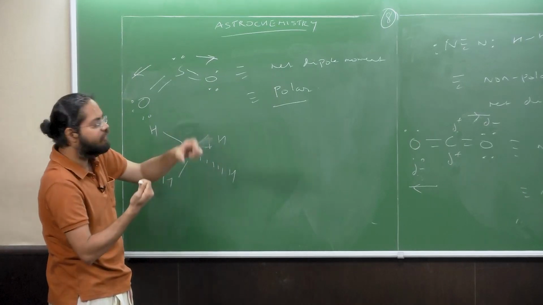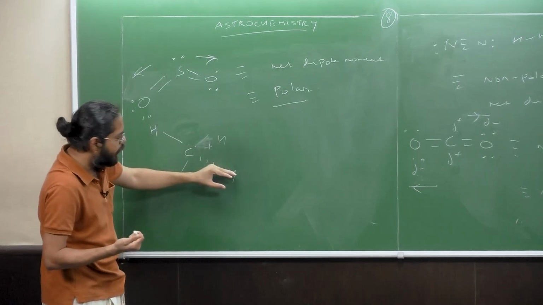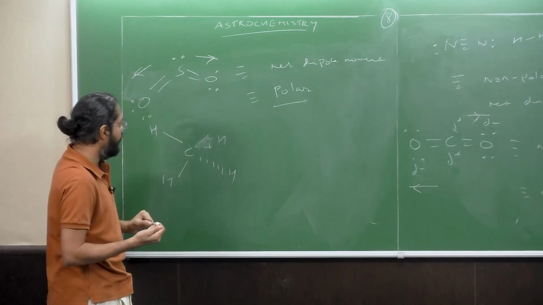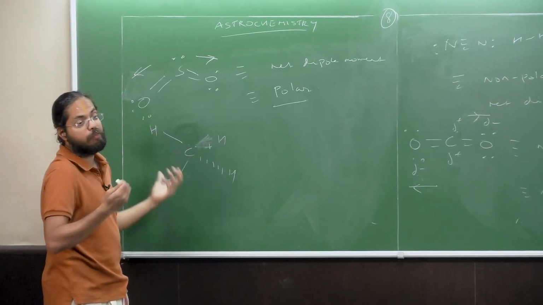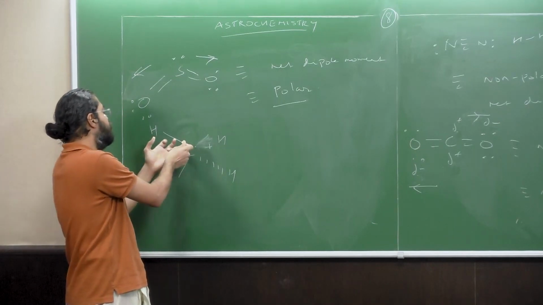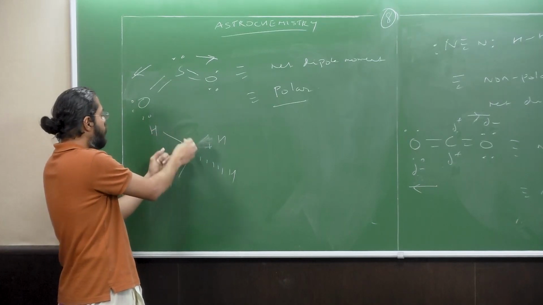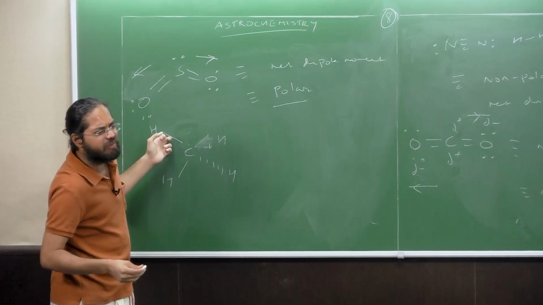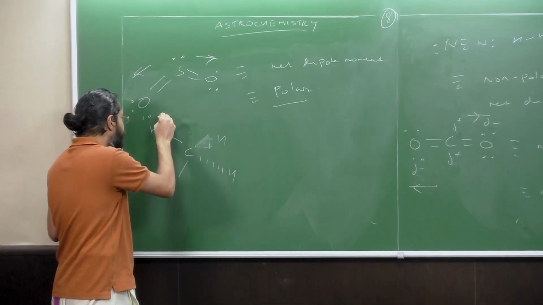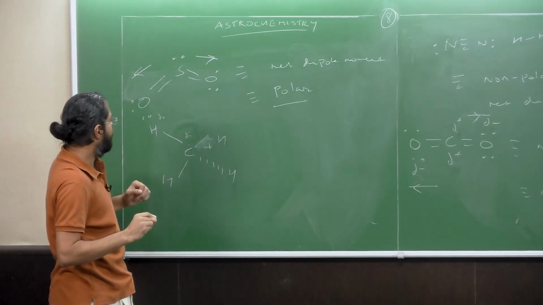The hydrogen coming towards us is denoted by the solid line, and the hydrogen going away from us by the dashed lines. In this case, the net dipole moment again cancels out. How does it cancel out? Because of the electronegativity difference between the individual CH bonds. Between carbon and hydrogen, carbon is slightly more electronegative, so this is going to be delta plus, and this is going to be delta minus, slightly.